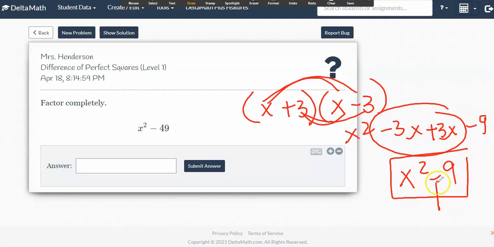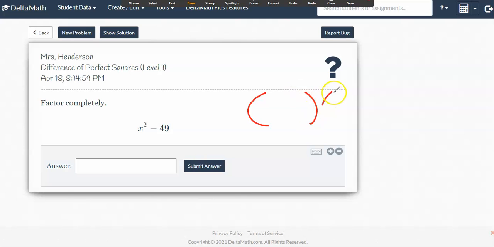This is called a difference of two perfect squares. So anytime you have a binomial times almost itself, but the only difference is that one has a plus sign and one has a minus sign, and I don't even care what's here. It has to match, but it can be any number that we want. So I could have a 7. I could have a 17.